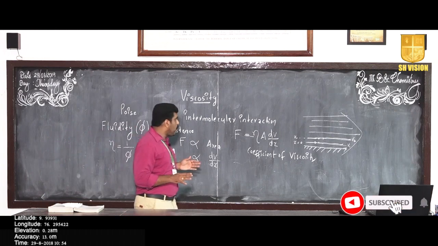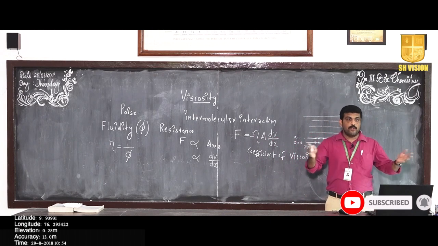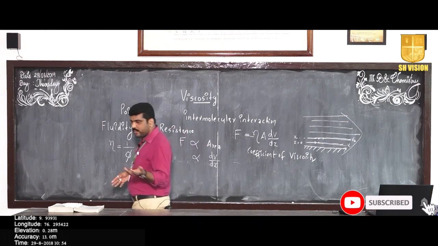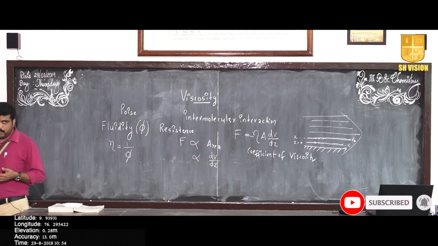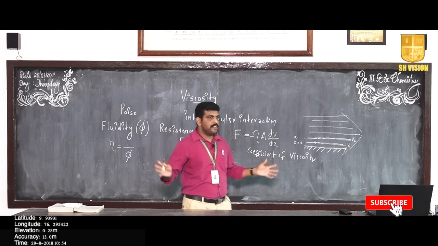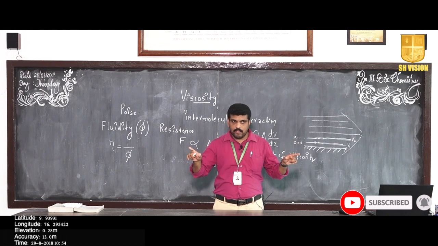Now, the next point regarding viscosity. If you take two liquids, say water and glycerol, or benzene and glycerol, we can compare the second combination, benzene and glycerol. Which one do you expect to be more viscous?